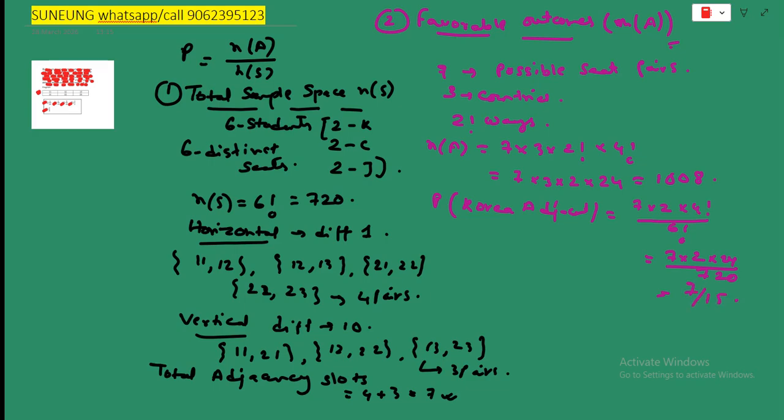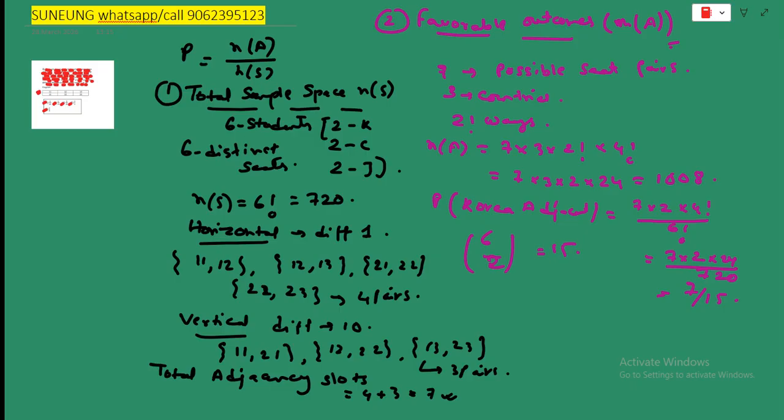Okay. Now since 7 by 15 is not an option, the question is likely asking for the probability that a randomly chosen pair of students from the same country, treating the 3 pairs as the units of interest, ends up adjacent. Okay. Now the total ways to choose 2 seats out of 6 is what? 15, right?